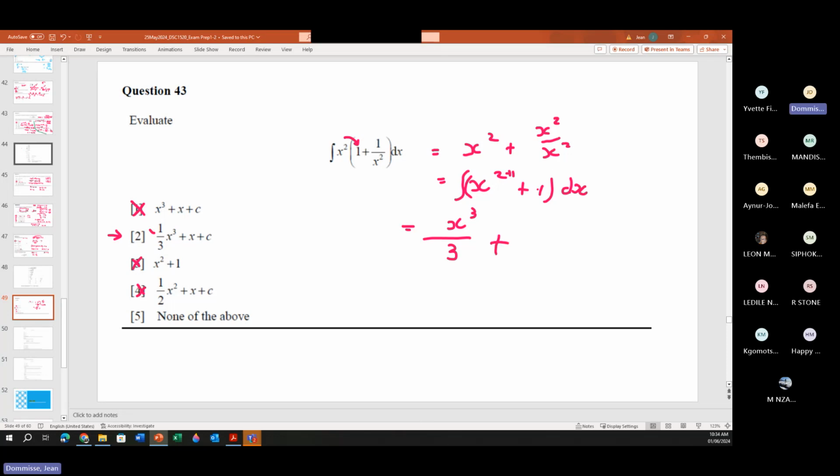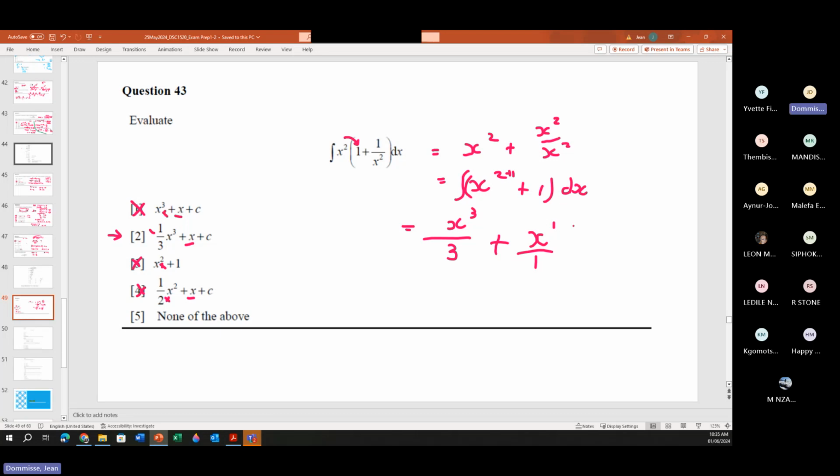So we've got 1 here, so we will add the x back. So x to the power of 1 divided by 1, so that is actually just x. There it is as well. So option 2 is right, according to the rest of the things.